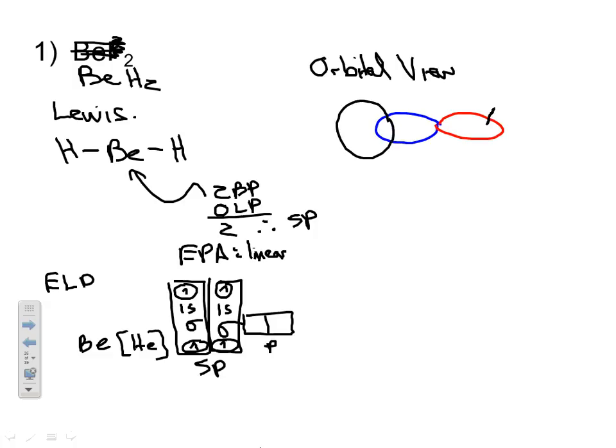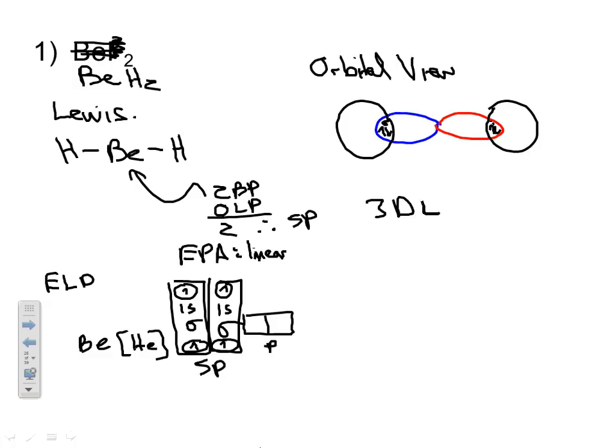Oh, I've made that pretty big. The hydrogen atoms are not that big, but that's okay. We get the idea. And those are the sigma bonds. We'll put a little sigma in there, little sigma in there. They're oriented in opposite directions. The bond angle would be 180 degrees.